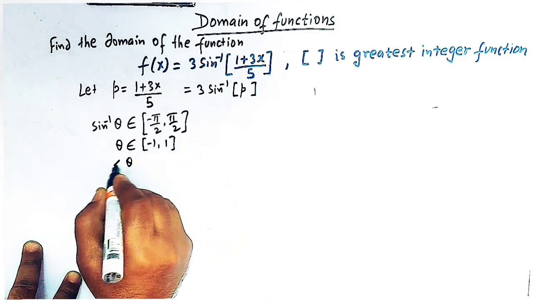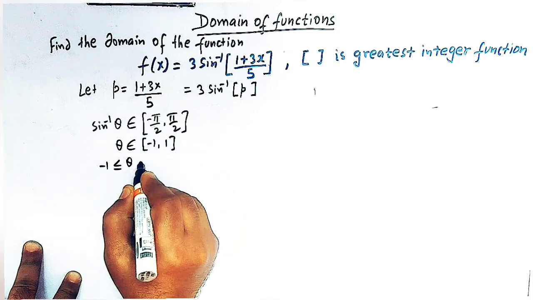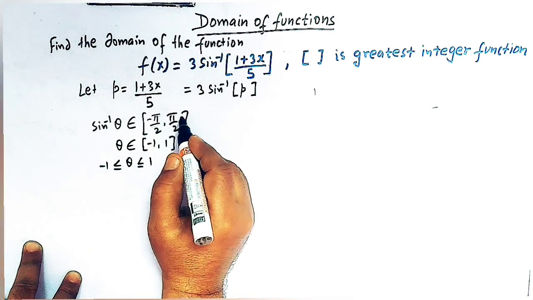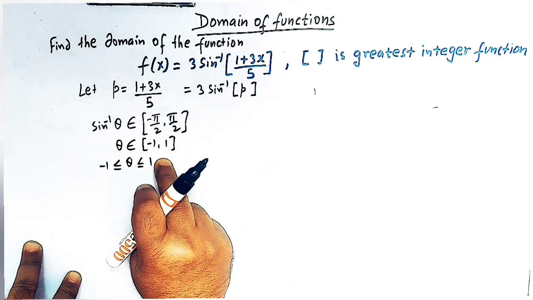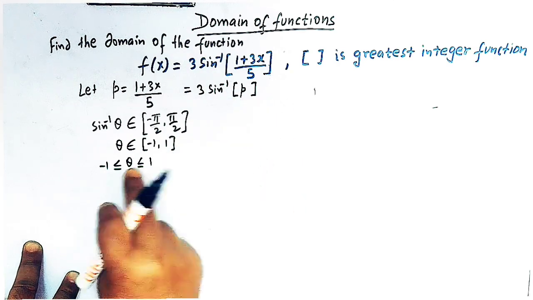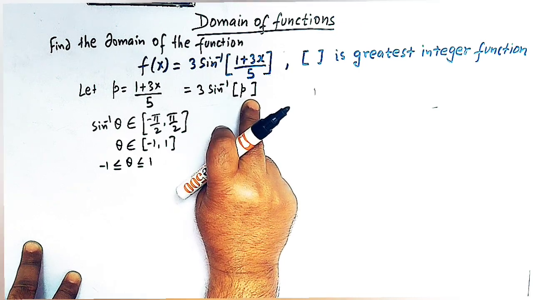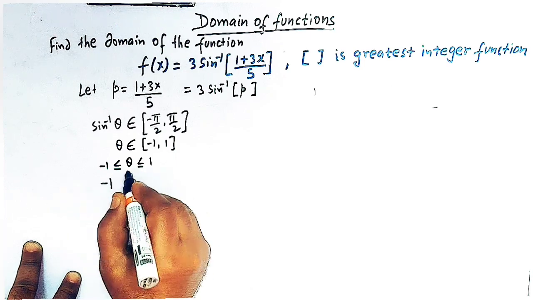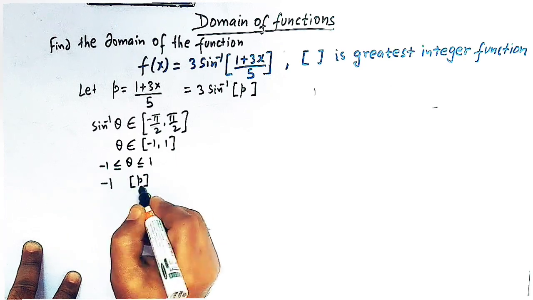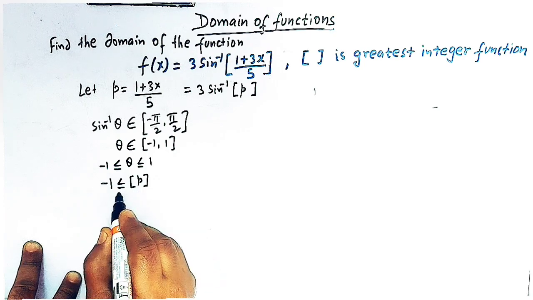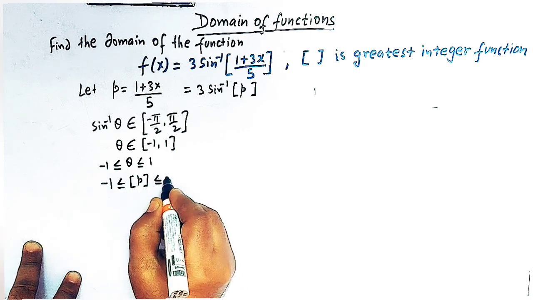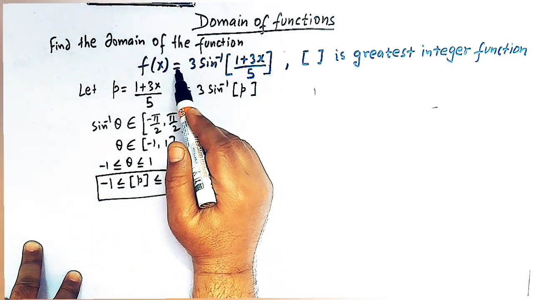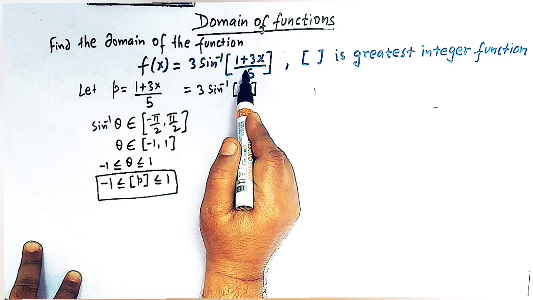So theta is greater than or equal to minus 1 but less than or equal to 1. Here theta may be taken as the greatest integer of p. So the first condition is that the greatest integer of p should be greater than or equal to minus 1 but less than or equal to 1. This is the first condition while finding the domain of this function.